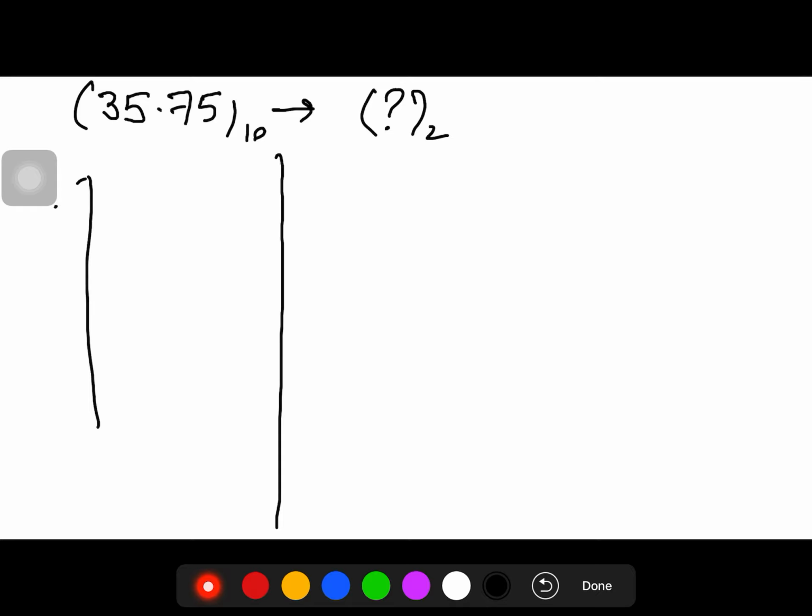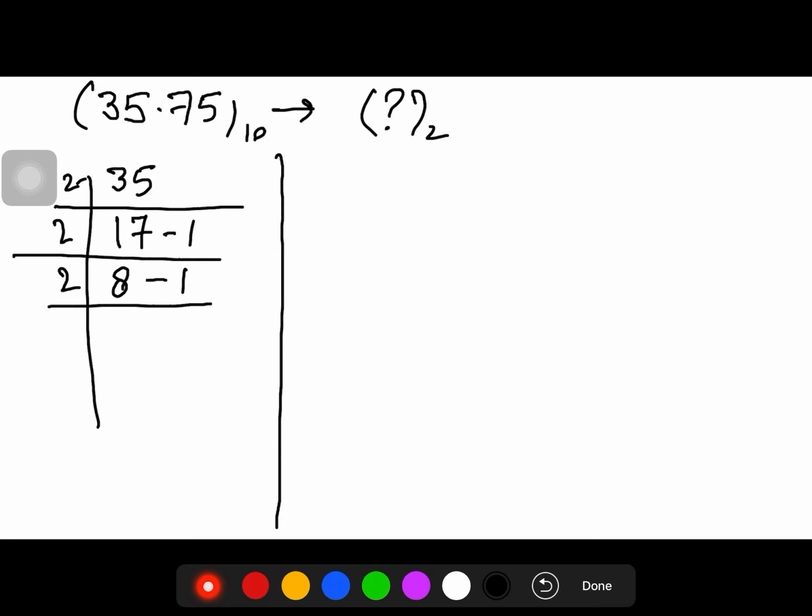Decimal to binary. We are taking another example, 35.75. In order to convert 35.75 to binary, here we are computing 35 first. Dividing by 2 repeatedly, 17 when divided by 2 gives 1 as remainder.